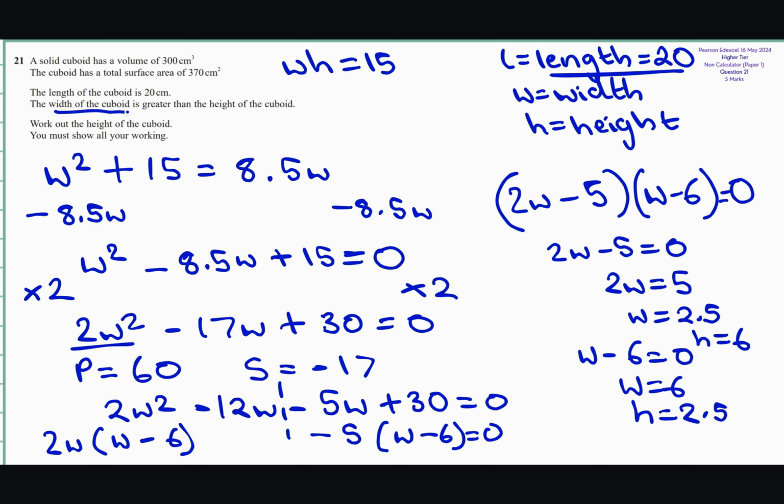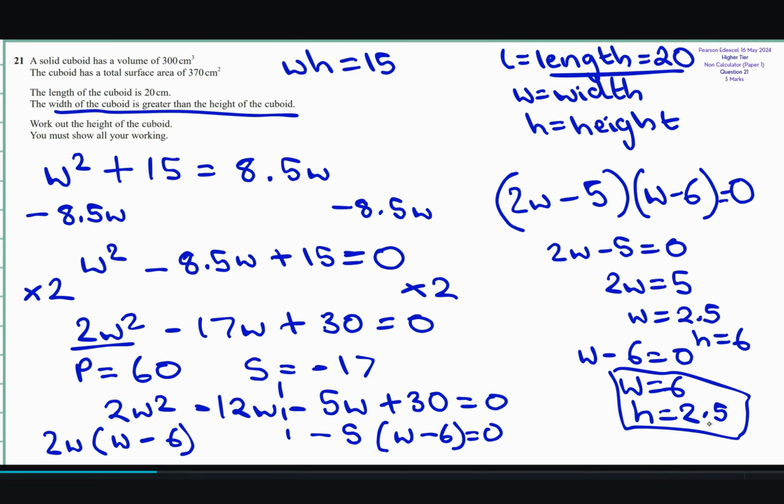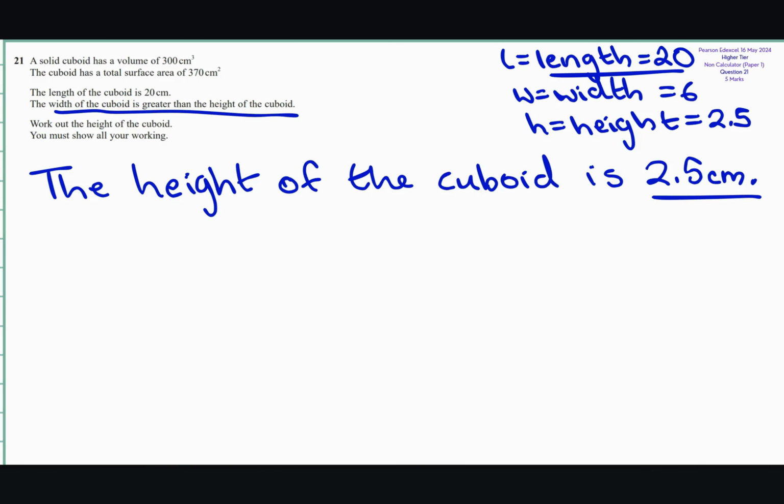Well, here it says the width is greater than the height, meaning that this must be correct, because 6 is greater than 2.5. 2.5 is not greater than 6, so this is wrong. And that gives us our final answer. Height is equal to 2.5 centimeters. Our final answer is the height of the cuboid is 2.5 centimeters, and that is the answer you would write on the answer line.